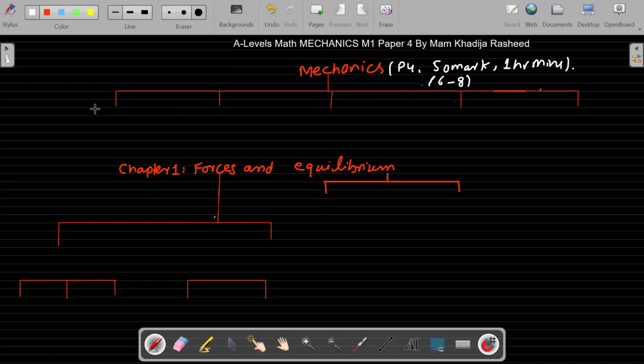What kind of chapters are we going to discuss in it? Our first chapter will be forces and equilibrium. Second chapter will be kinematics in straight line.